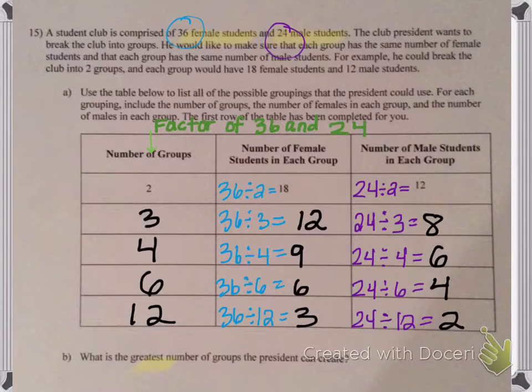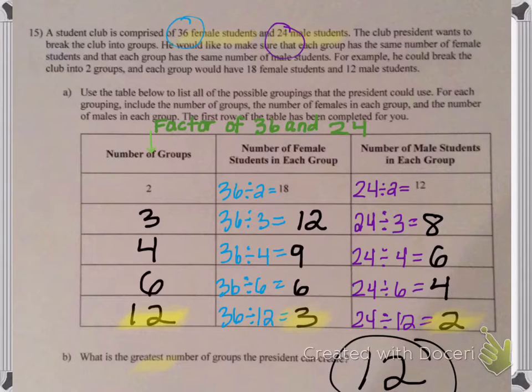So the question in part B is asking us, what is the greatest number of groups the president can create? Well, that would be 12, because that is the greatest common factor between 36 and 24. And those groups would have 3 female students and 2 male students in each group.